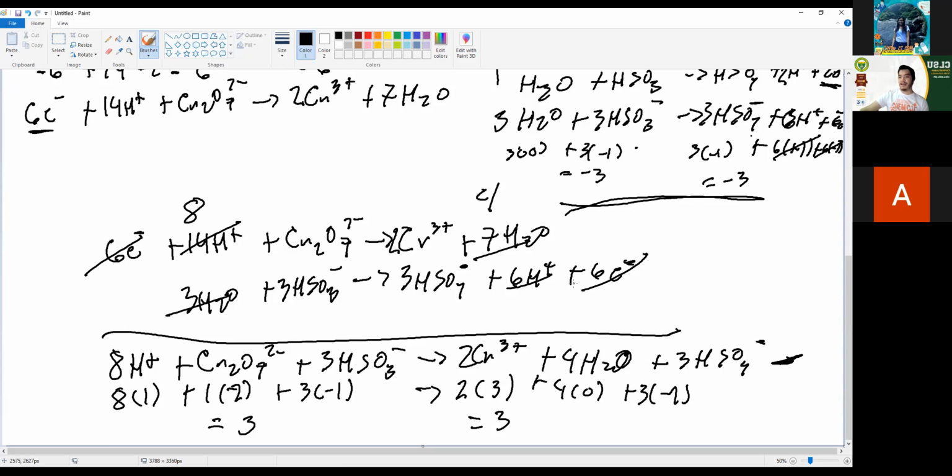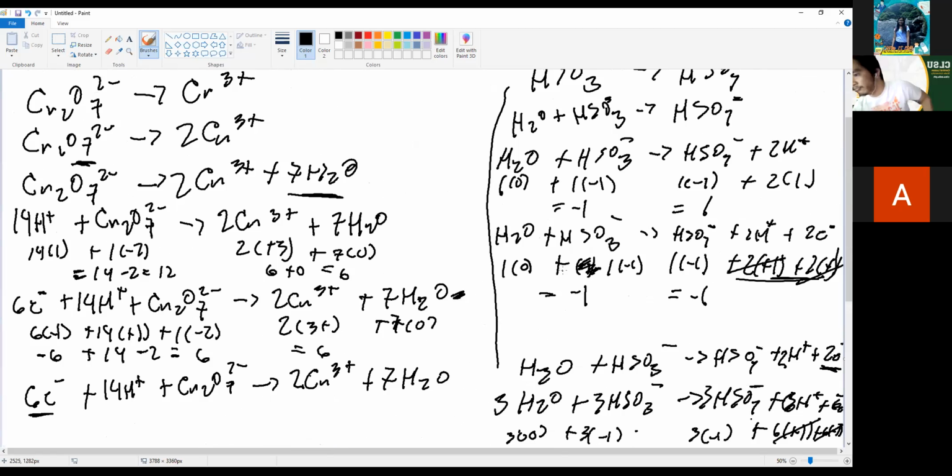Ayan, so medyo mahaba. Pero may pattern yan kung titingnan nyo. Balik tayo sa first half. So kung makikita nyo, kapag sa right side ka naglagay ng water, yung H plus mo is sa left side. And similarly, yung electrons natin sa left side din. Diba? Tapos, pag naman sa left side ka naglagay ng water, yung H plus mo is sa right side.